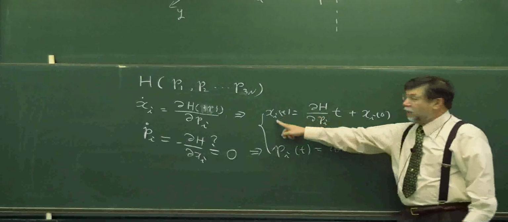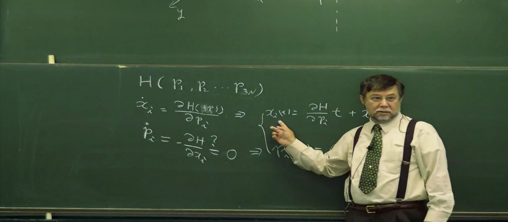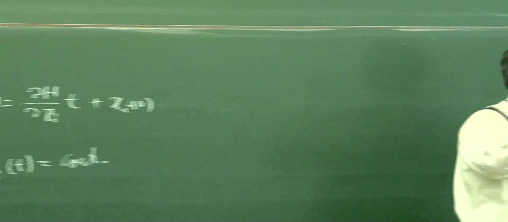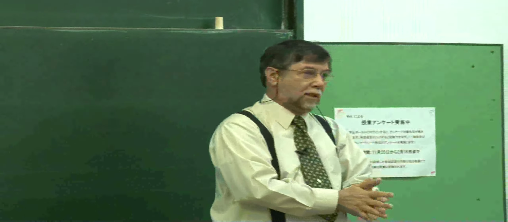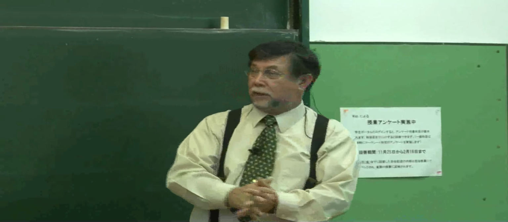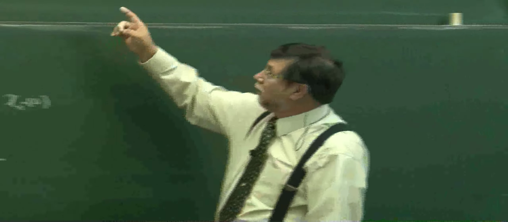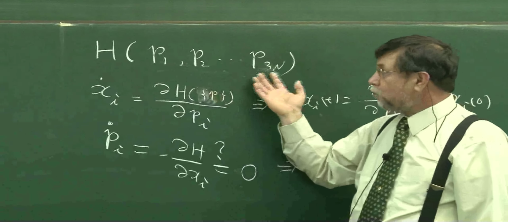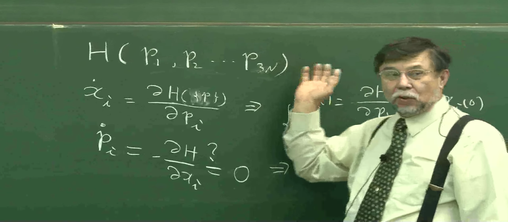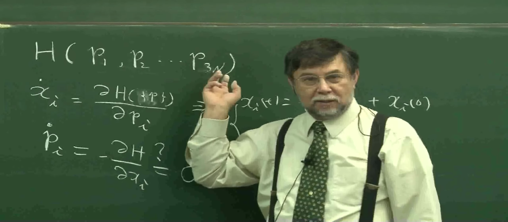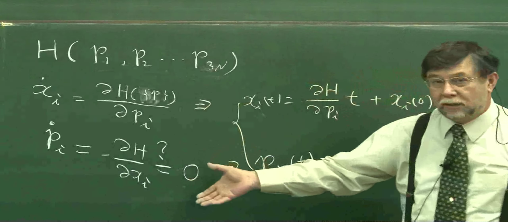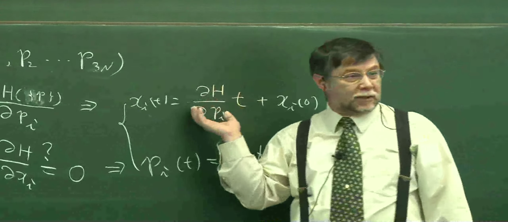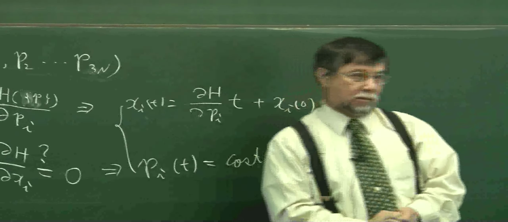And you get every coordinate. This means that suppose you have a Hamiltonian, and by some reason, by accidentally or some reason, there is no such coordinate dependence. Then you found 3n invariant of motion, and you can integrate it, and you can get a solution. Okay.